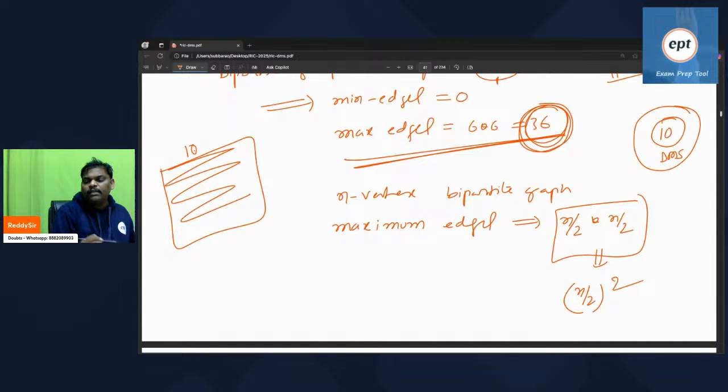So classes first, followed by the weekly tests, followed by RIC. If anyone has not done it, read the class notes one time, followed by the 10 tests, followed by RIC. Everything is taken care of.